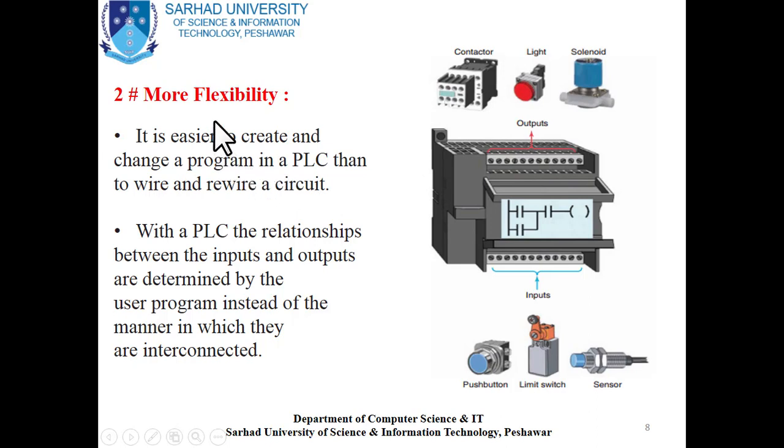For flexibility, it is much easier to create and change a program in a PLC than to wire and rewire a circuit. If we use a PLC in a control system, it will be very easy to reprogram, and we do not have to rewire the circuit physically, just as we discussed for the relay based control system.